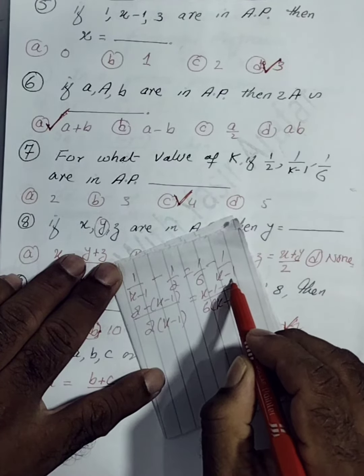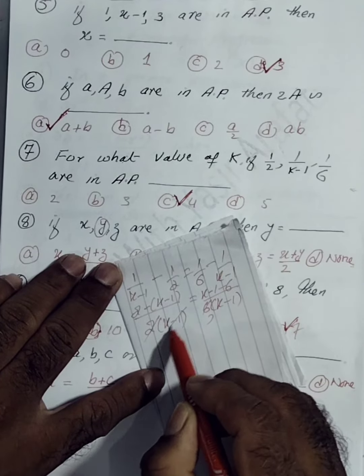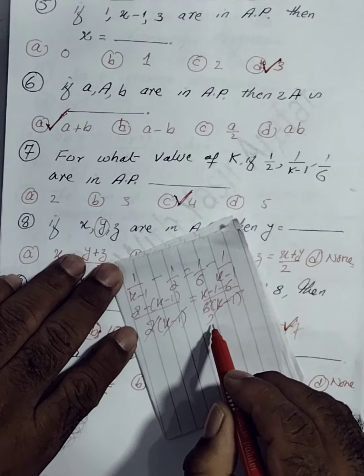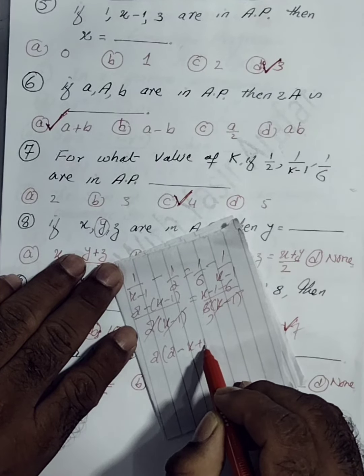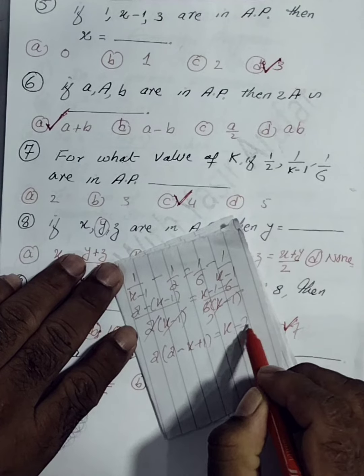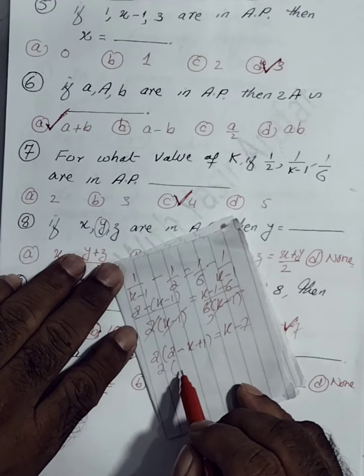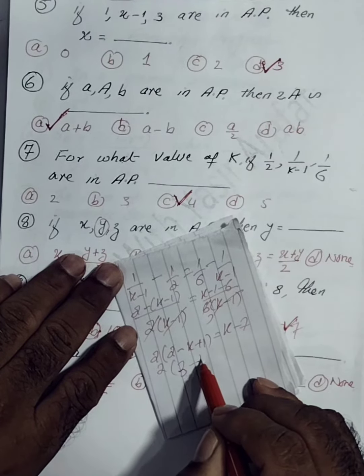So this is k minus 1 minus 6. 2 threes are 6, k minus 1 and k minus 1 cancel. So this 3 we have to shift to this side. 2 minus k plus 1 equals k minus 7, and this is 2 plus 1 is 3.